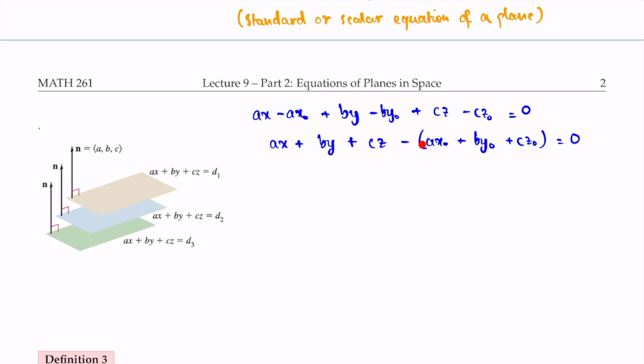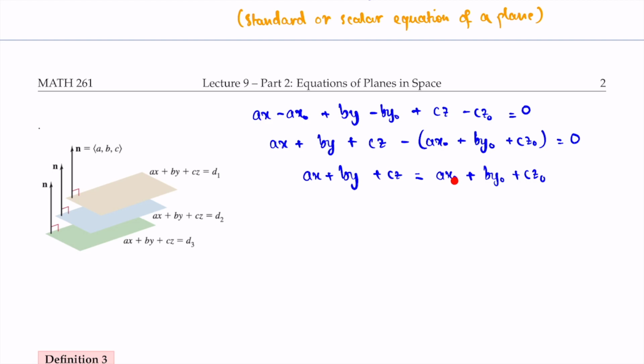And in fact, I'm going to move this value to the right hand side, and I get ax plus by plus cz equal to ax0 plus by0 plus cz0, and I'm going to let the right hand side equal d. Why is that the case? Remember the normal vector consists of a, b, and c, so a, b, and c are just constants.